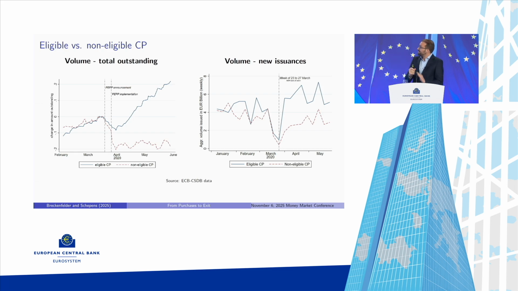So putting this into a graph, what happened? If we split by those commercial paper that are eligible versus those that are ineligible, what you see is, and this is the blue line, the change in amount outstanding relative to before the crisis for eligible commercial paper.